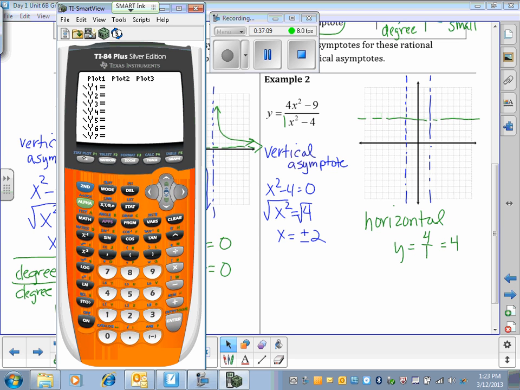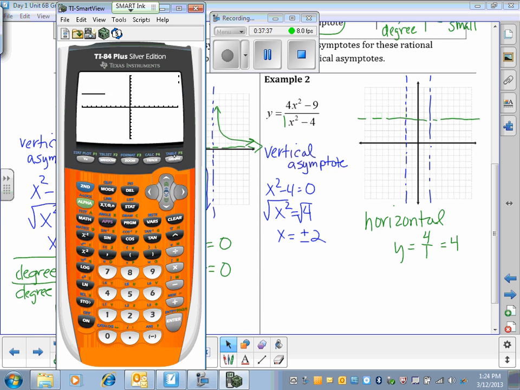So y equals, again, don't forget your parentheses here. Parentheses 4x squared minus 9, close the parentheses, divided by parentheses x squared minus 4, and close that parenthesis. Okay?